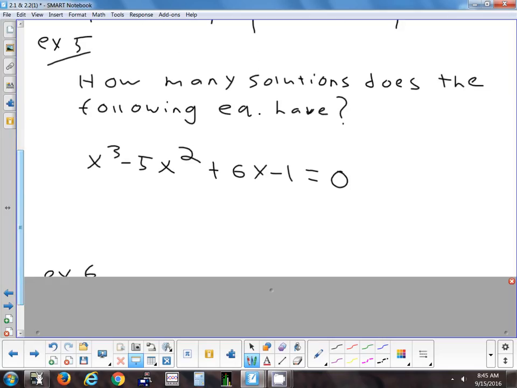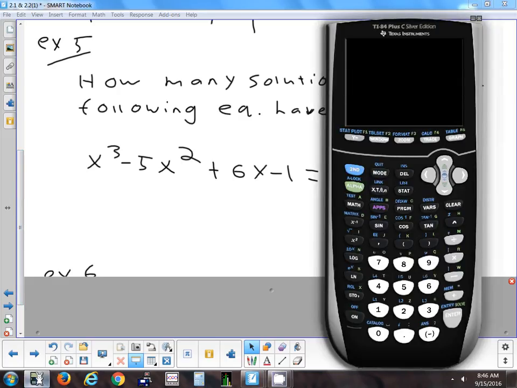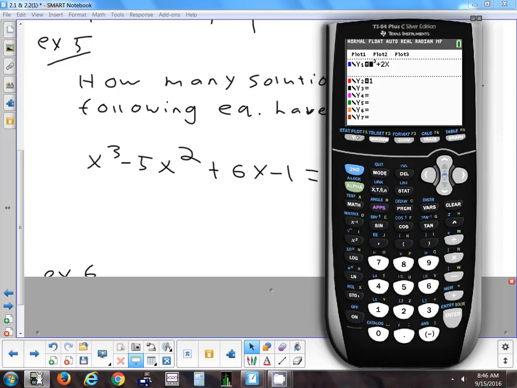They're asking us just to find how many solutions this has. It's a cubic, so how many could it have at most? Yep, could have up to 3. It might have 2, it might have 1. Guarantee it doesn't have 0. And remember, when I say solution, I'm talking real solutions.